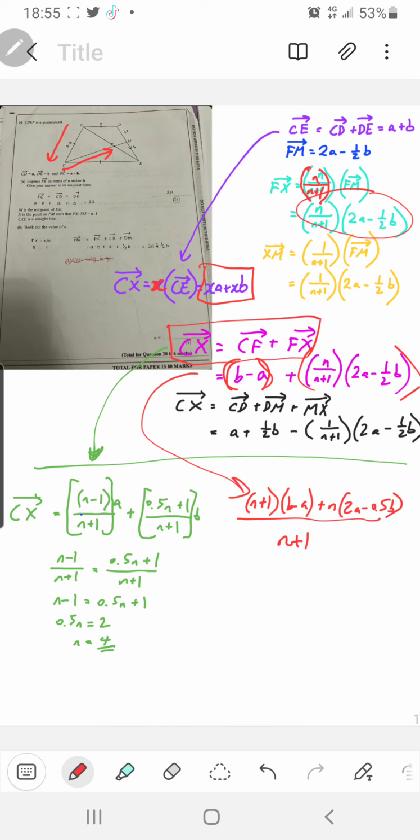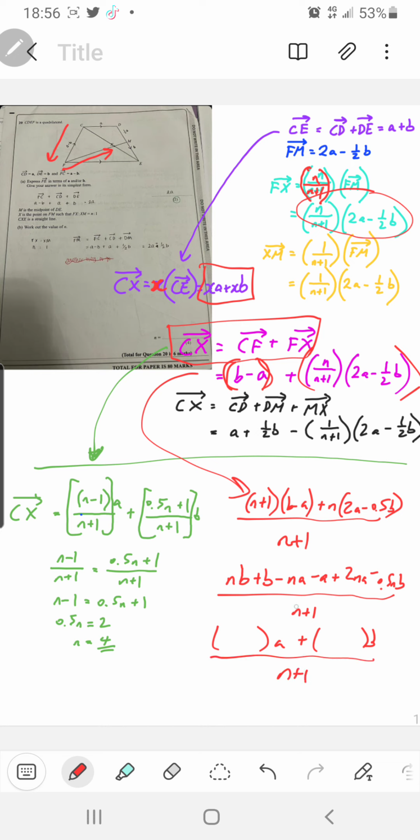All right, and then you keep expanding it, so it becomes nB plus B minus nA minus A, and then expand this, you get 2nA, and then minus 0.5nB, and then it's all over n plus 1. And then if you factorize it, because you want something A and plus something B, and they both will be over n plus 1.